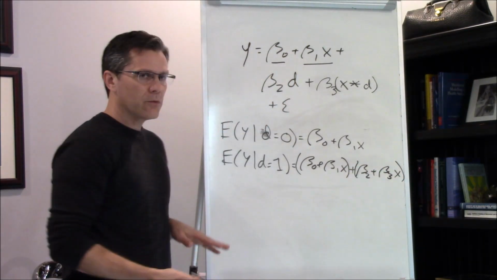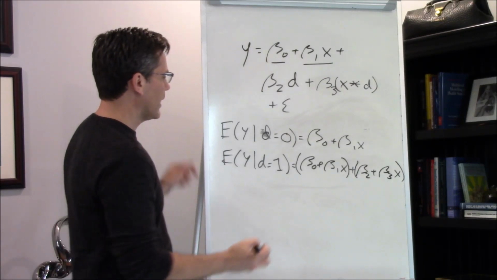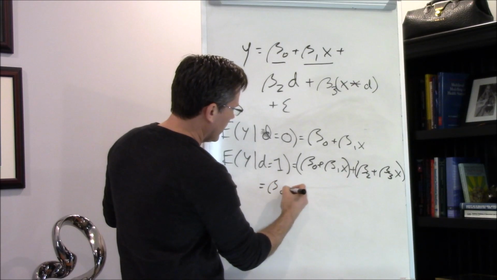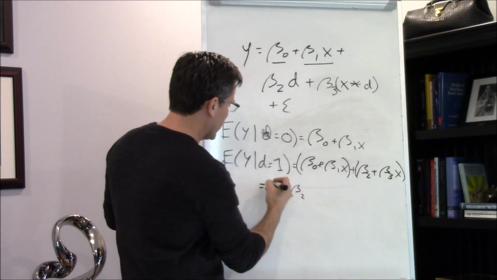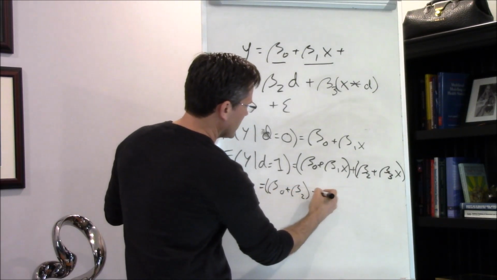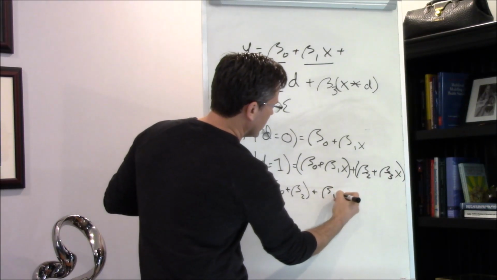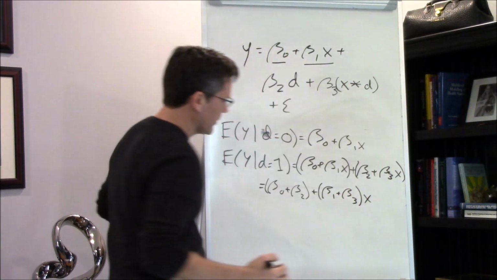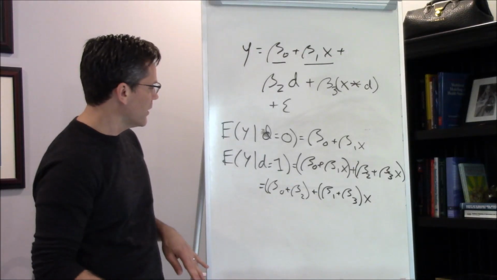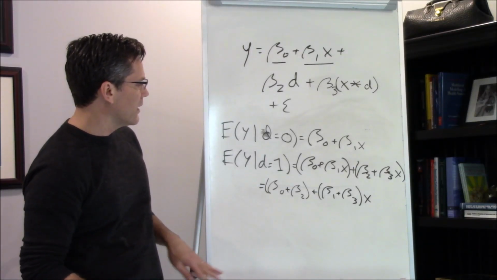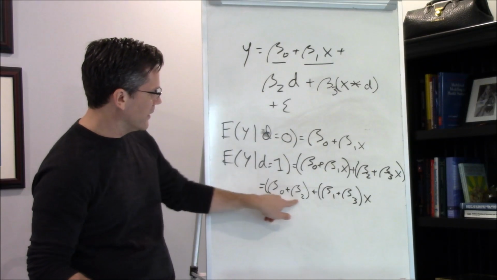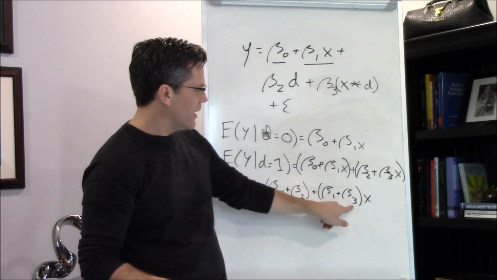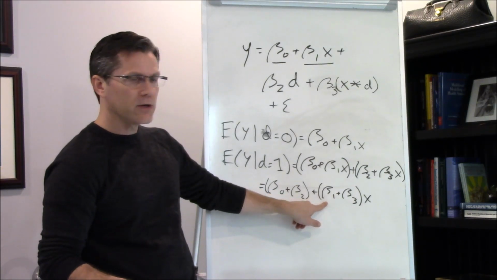Now we can rearrange those terms a little bit to better highlight what that's doing. I'm just going to rearrange that to pull out the two terms that don't involve x from the two terms that do. So we now have this expression, and what you can see is that we're adding beta 2 to the intercept of a line, and we're adding beta 3 to the slope of a line.